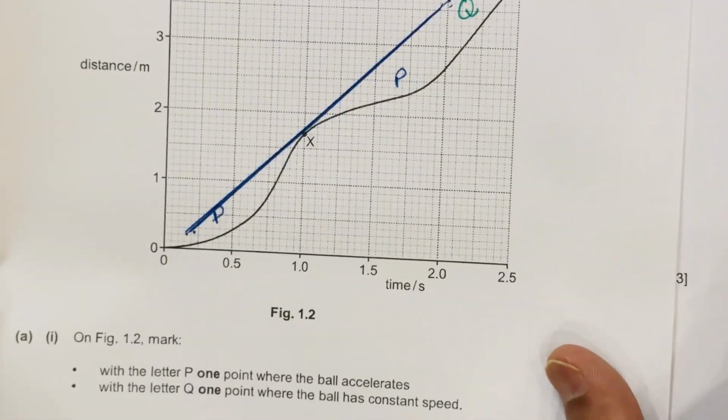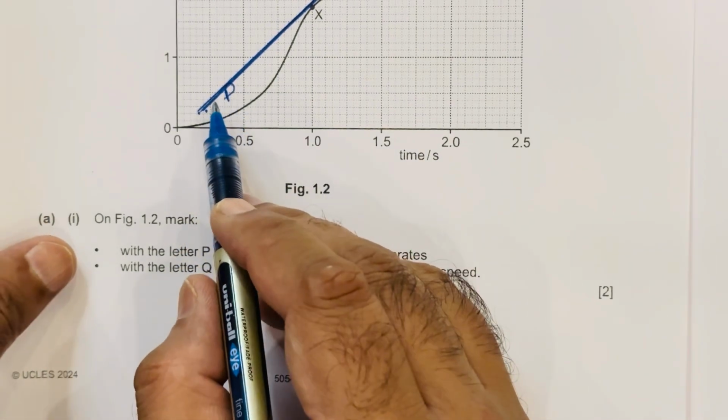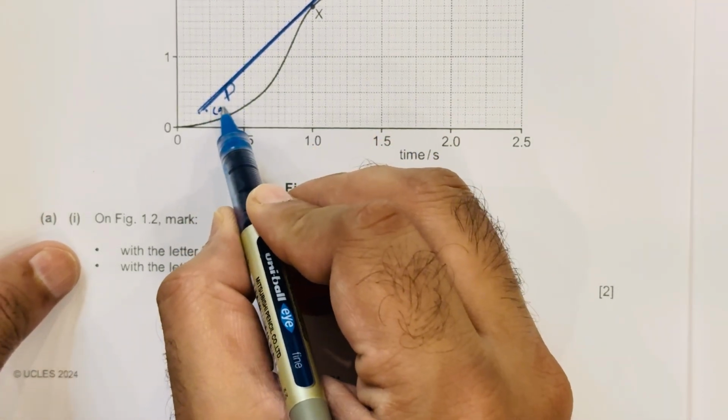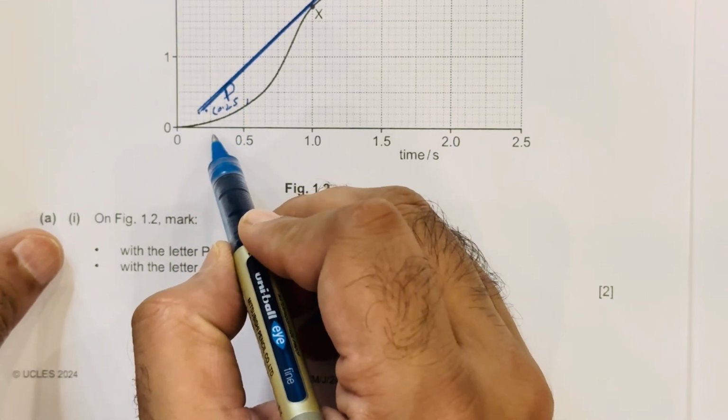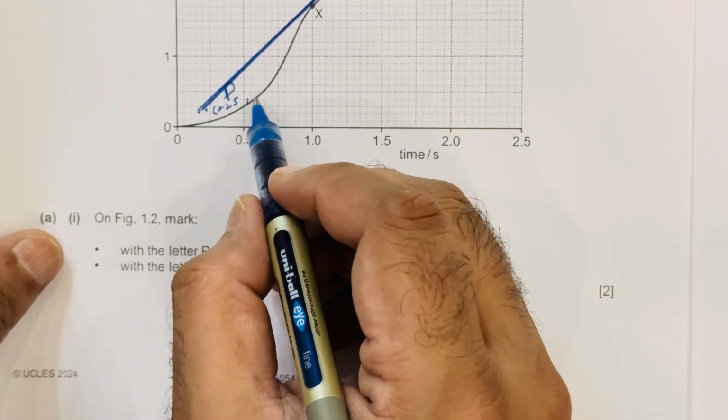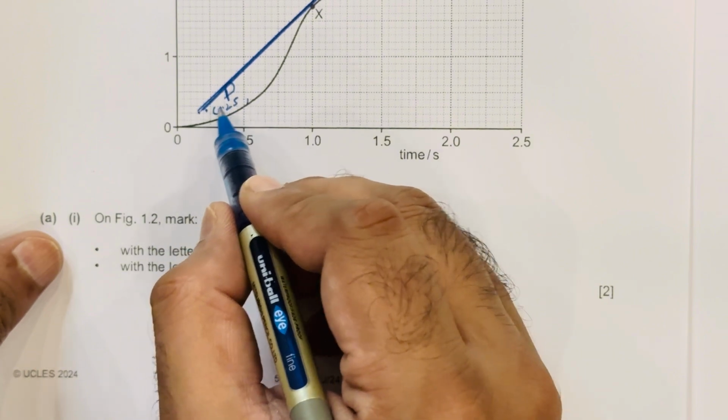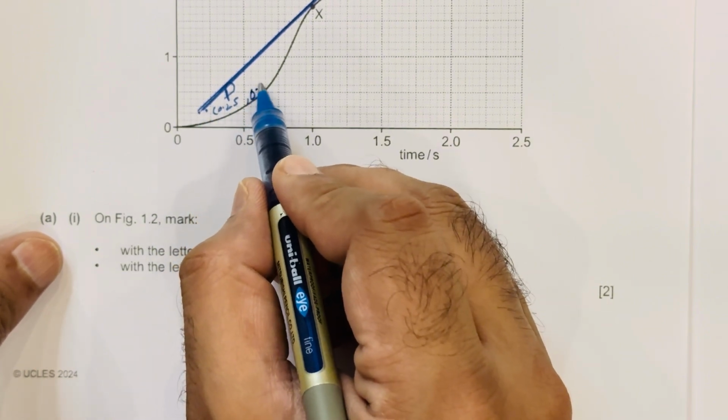Or from here you can see the x-axis has a point of 0.25 and y-axis has a point that is approximately equal to 0.2. So these are the 2 points that you need to take.